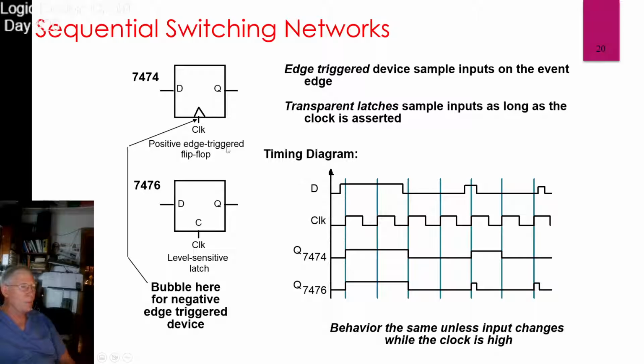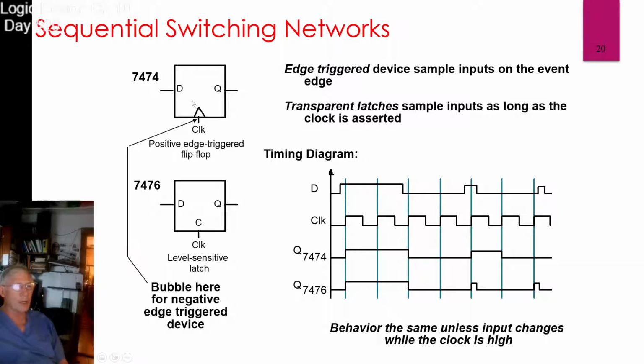All right, back in the day when we used discrete parts, we had 7474s and 7476s. The 7476 is the level sensitive latch. So it's basically a flip-flop, but the whole time the clock is high, D can affect the output Q. Whereas in an edge trigger, we take the value from when the clock edge hits, the active edge, say it's a rising edge, or it's a falling edge, when that falling edge hits.